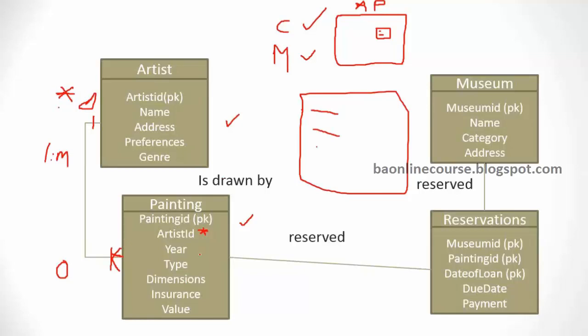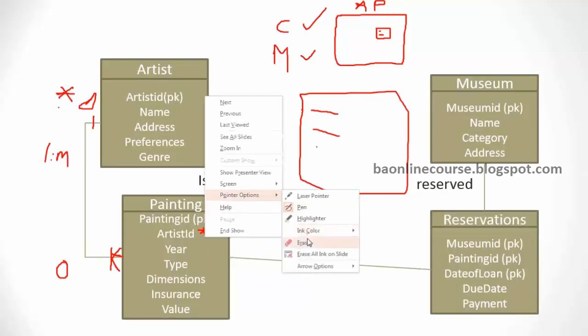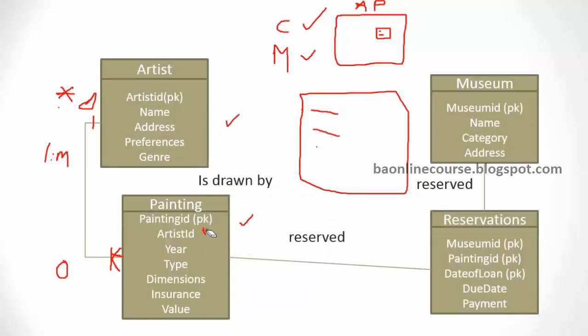In some cases, the businessman could say the artist ID is not mandatory. If it is there, then we'll add it; otherwise, it's not required. In that case, it becomes optional. It won't be mandatory here. This would be optional. So if the details are available, you will enter it.